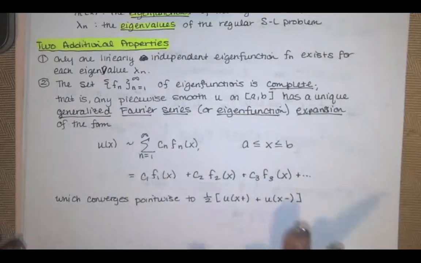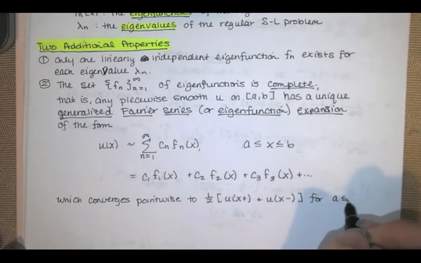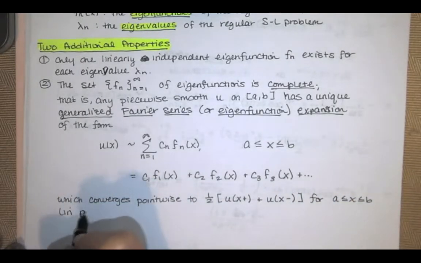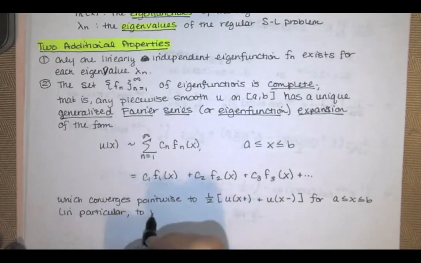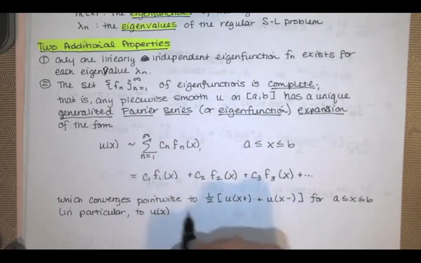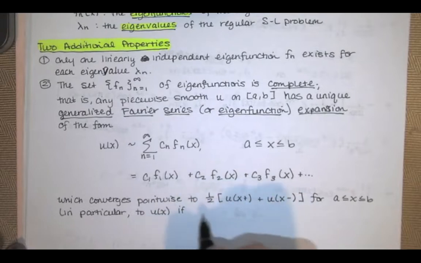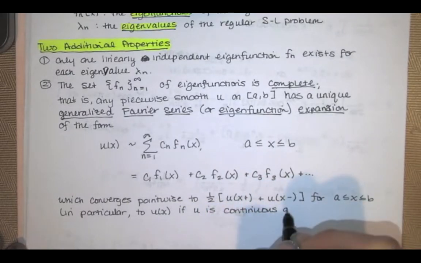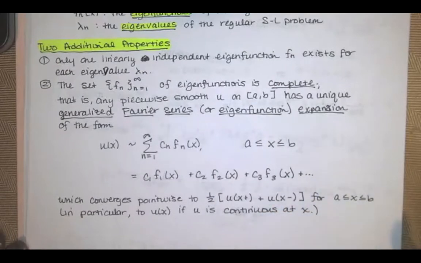So this is converging pointwise to this for x between A and B. In particular, it converges to u of x if u is continuous at a particular x value. That's nice.